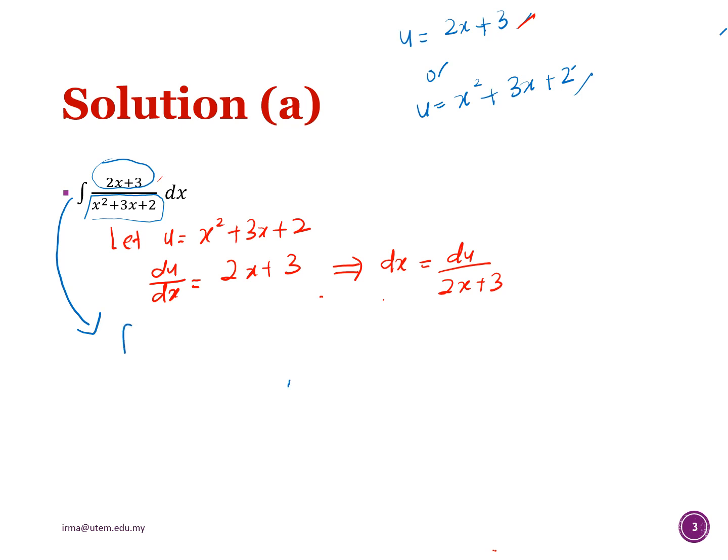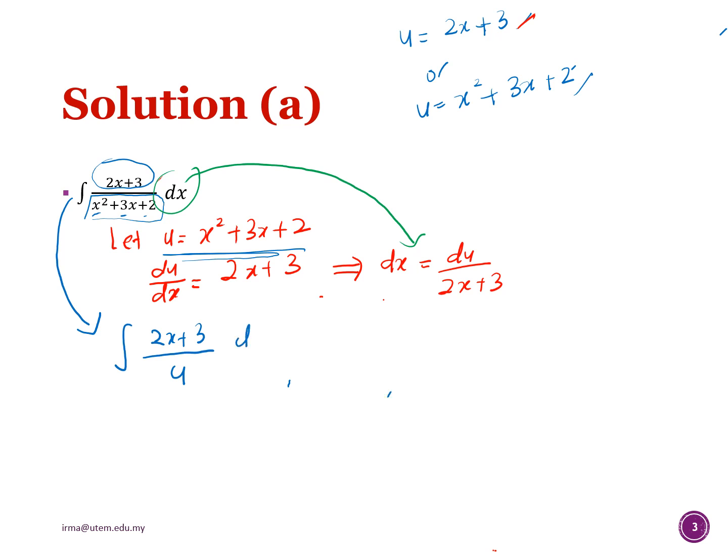We have the same integrand here. 2x plus 3 we just maintain as 2x plus 3 at first, and then x squared plus 3x plus 2 we replace with u, and the dx we change to du over 2x plus 3.